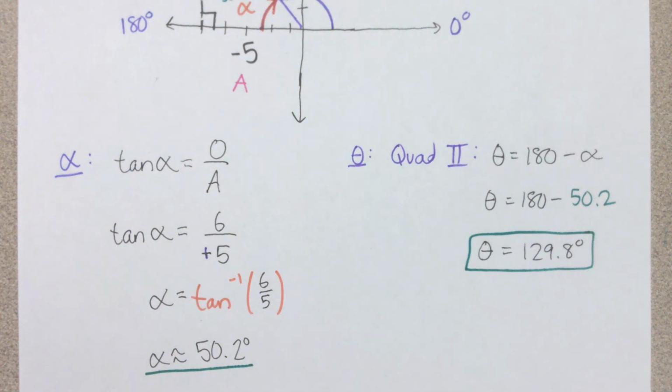Before you put away your notes, I am going to write out those quadrant rules again for anyone who wants to see them and wants to write them down. They're the same quadrant rules we've used in previous units.